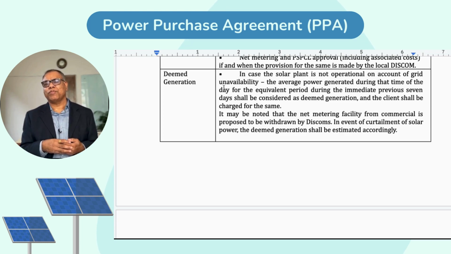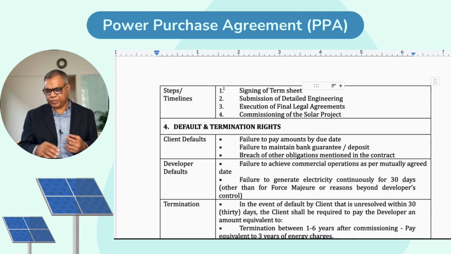My system was available, but you did not consume. That clause is known as the deemed generation clause. Very important clause from the developer's point of view. At times, this clause leads to a lot of disputes between the developer and off-taker. So it is very important to explain this clause to all the guys.